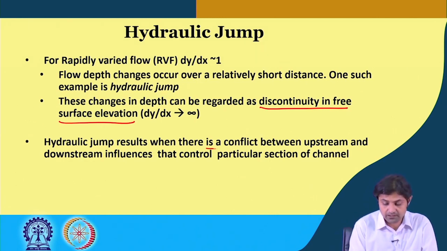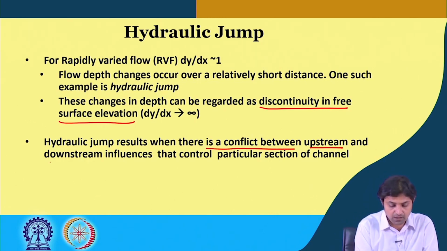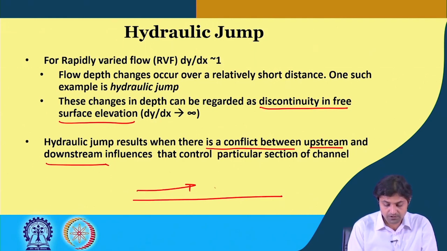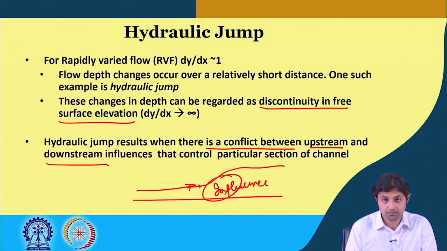So, suppose this is a channel, the flow is coming like this, and there is some influence here, because of which there is a discontinuity, for example, in the free surface, and because the water depth changes very rapidly, this is called hydraulic jump.